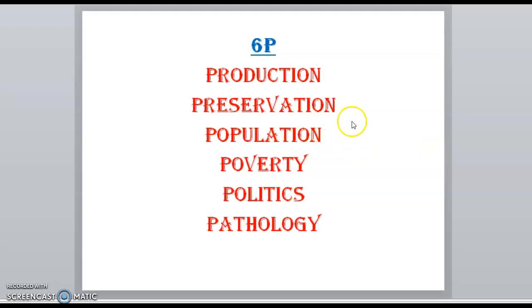Also this population aspect includes the spacing between the children. If there is less spacing between the children, it will lead to malnutrition, because the mother will suffer from certain kinds of disease, and also the children will suffer from maybe protein and energy malnutrition, or kwashiorkor, marasmus, and maybe iron deficiency, zinc deficiency. There are so many diseases, right? So in that case, it will lead to malnutrition.